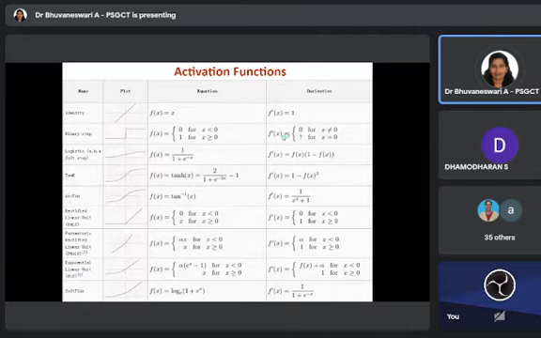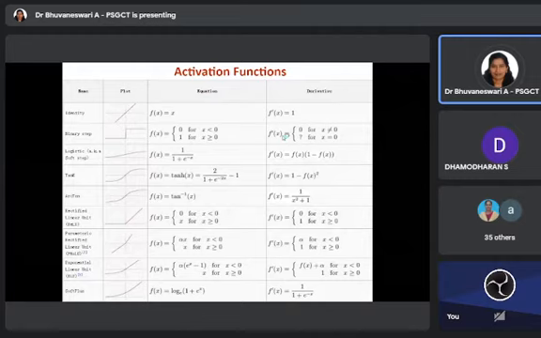Then you have the PReLU, the parametric rectified linear unit, then the exponential linear unit and the softmax. Softmax or softplus is another widely used activation function. Depending upon the problem, any one of these functions will be assigned and used for optimizing and generating the result.